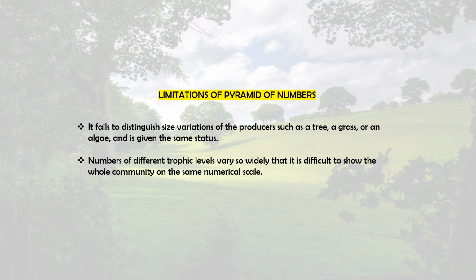Like there are trees, there is grass, there are algae, and so there should be a proper classification, but it's absent in the case of pyramid of numbers, and they are all given the same status. And the numbers of different trophic levels also vary, so there is great difficulty in showing the whole community on the same numerical scale. So these are the limitations of pyramid of numbers.